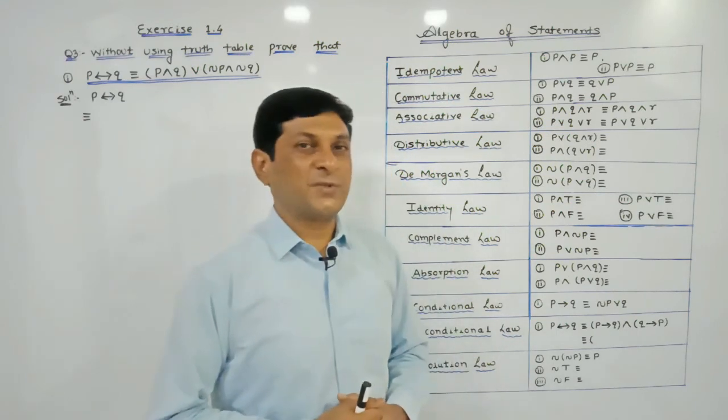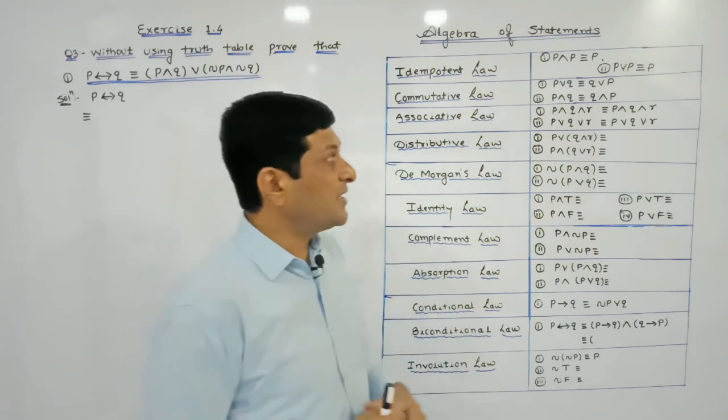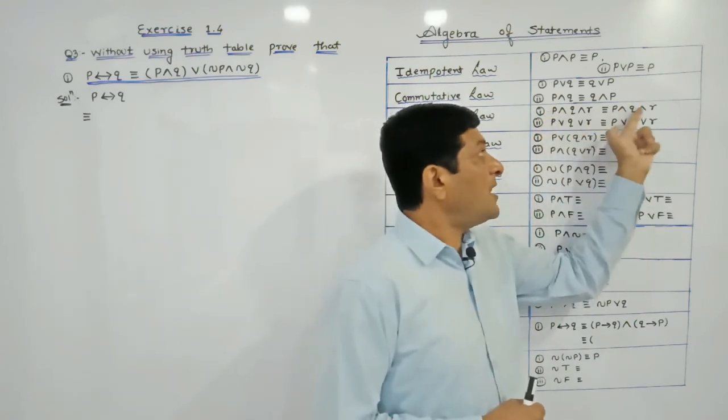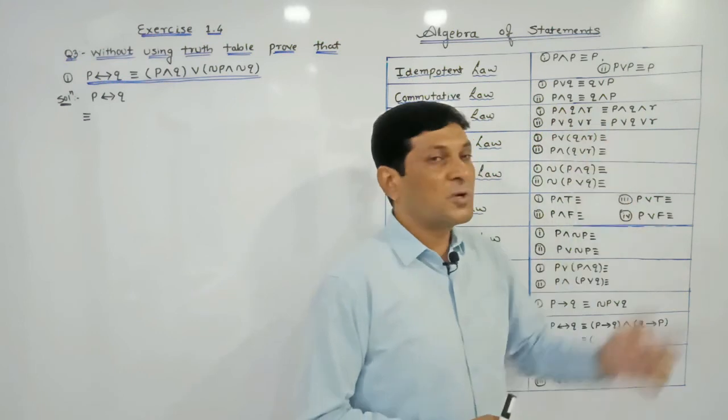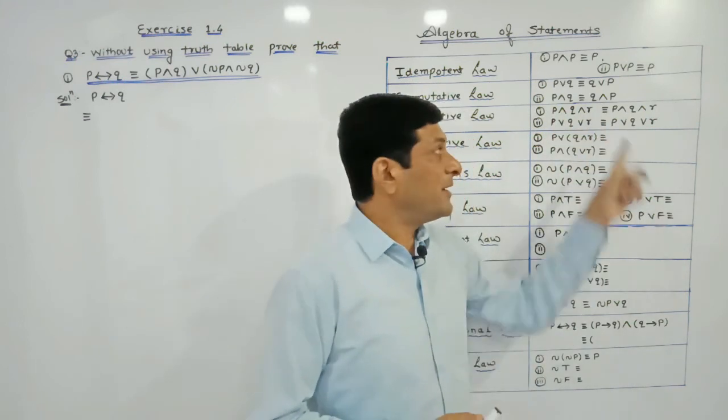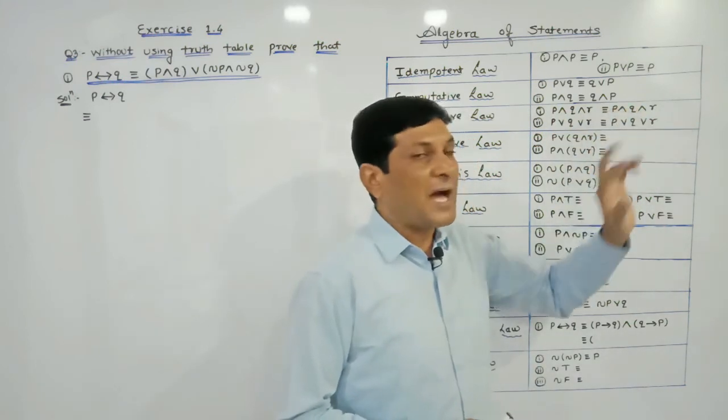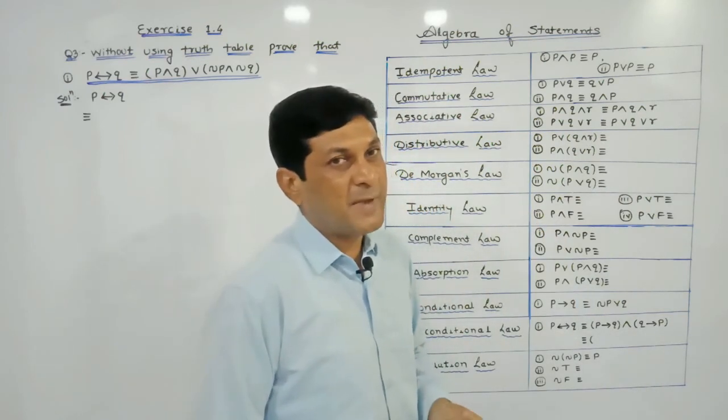Third one is the associative law. Observe the associative law very carefully. In the first case, three statements P, Q, R are connected by which logical connective? And. On this side also, P and Q and R, three statements are connected by and.